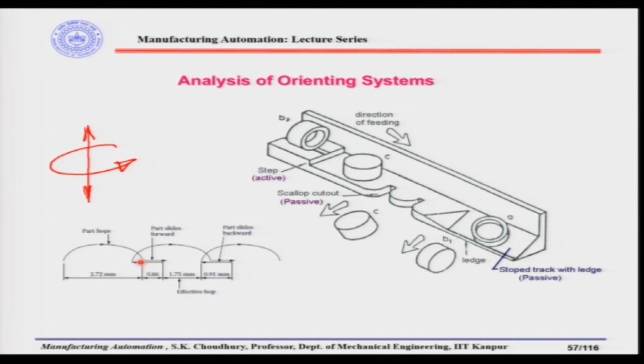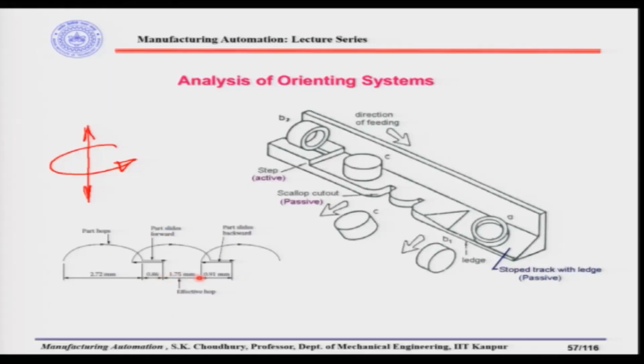Then after falling on the track, it will go ahead by, let us say, 0.86 millimeter. Then it is going back, and going back is 0.91 millimeter. Although the parts are actually having a 2.72 hop, because of the forward movement and coming back, that is the backward movement, the effective hop that we are having is 1.75 millimeter.